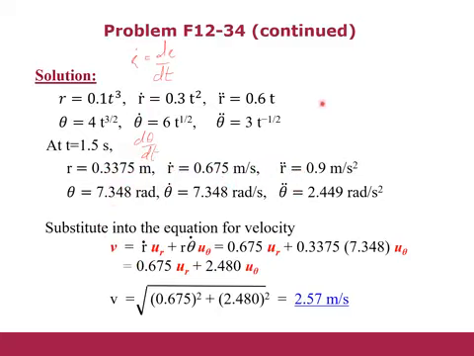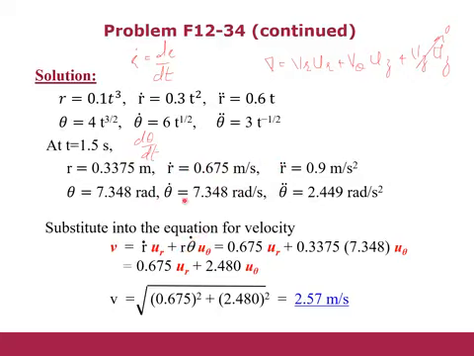We will put values in these relations and apply them in the equation of the velocity. I have told you that velocity can be represented as v equals vr ur plus v theta u theta plus vz uz. The z component is 0 here, so we will only deal with these two components. These are the unit vectors and these are the magnitudes, where vr is r dot and v theta is r theta dot.